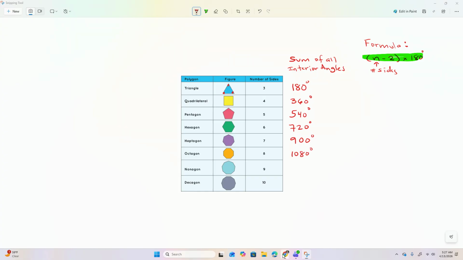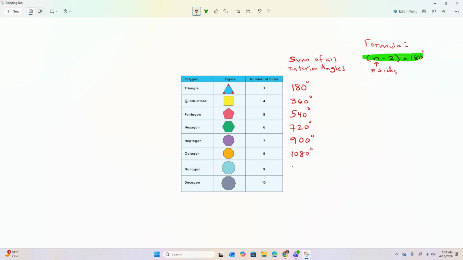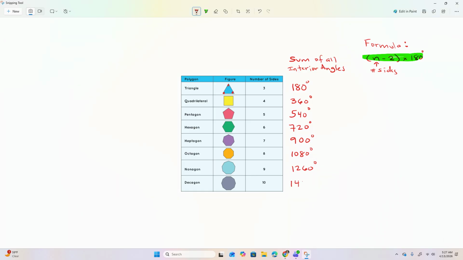Let me quickly do the last 2. Nonagon means 9 sides, 1260. And decagon means 10 sides, so let me change the 9 to 10, and you can see it's 1440. And this is how you do this problem number 5.